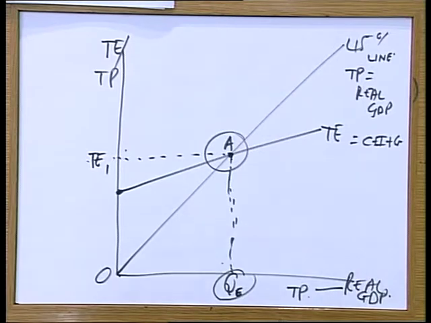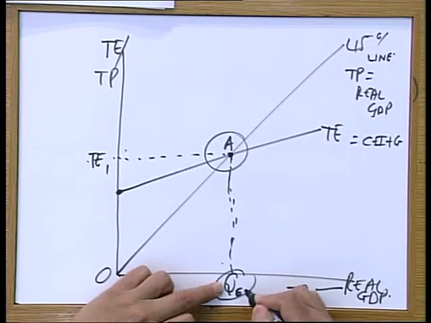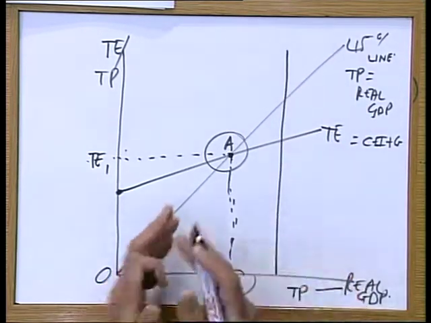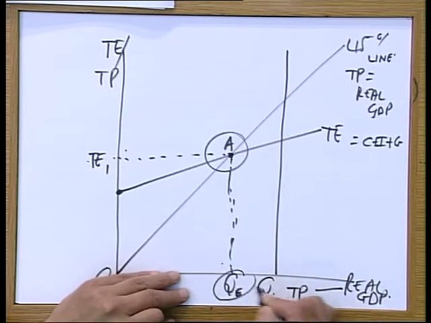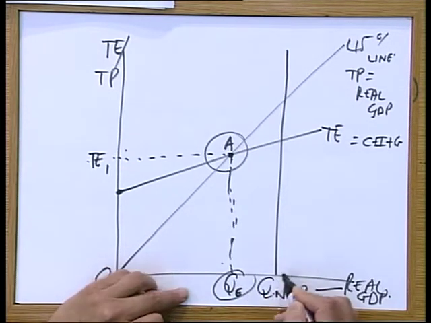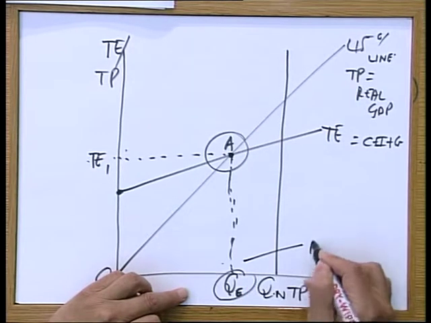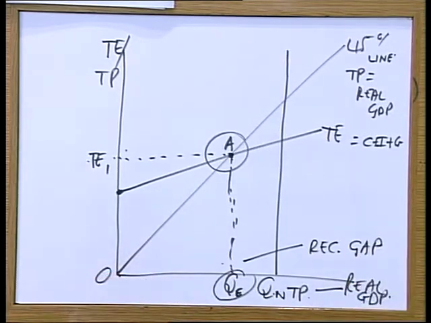But the economy is also in which gap? Because now if we draw, the economy is not producing QN, the natural real GDP. The natural real GDP is to the right of the real GDP, QN. So the economy is not at full employment. So there's a recessionary gap. Okay. So according to Keynes, the economy is in equilibrium, but at the same time in a recessionary gap.